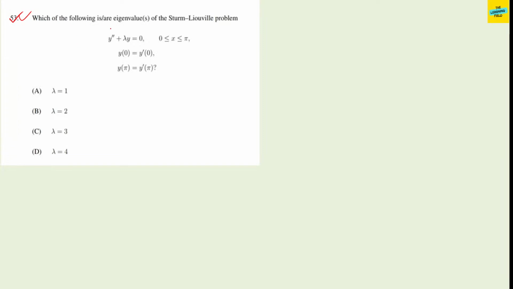It says, which of the following are eigenvalues of a Sturm-Liouville problem? Which are the correct options? So we all know that if y double dash plus lambda into y equal to 0, then the solution is y equal to a cos root lambda x plus b sine root lambda x.